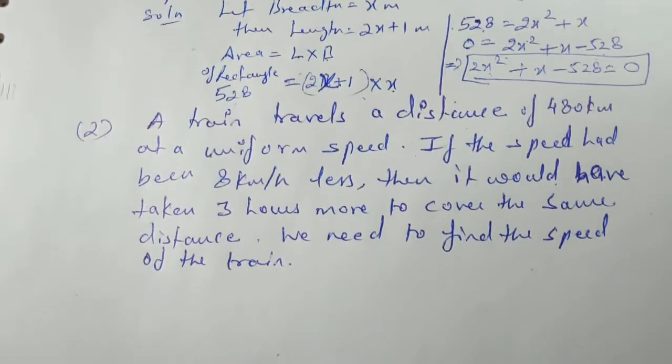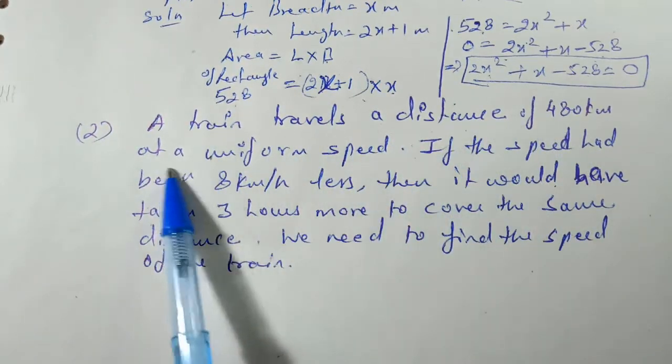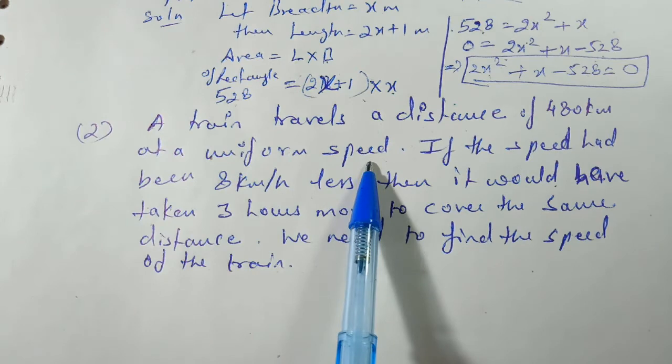One more word problem is here. A train travels a distance of 480 km at a uniform speed.